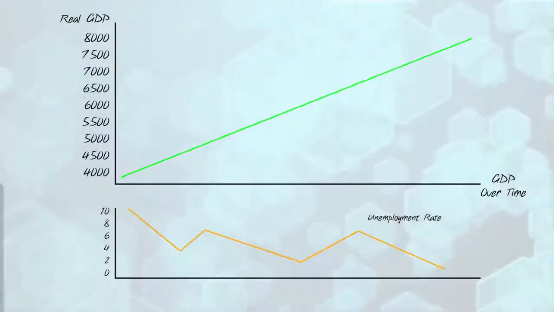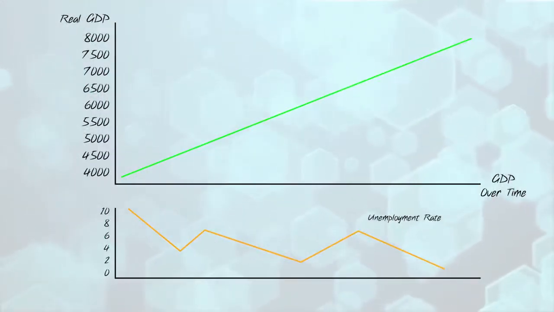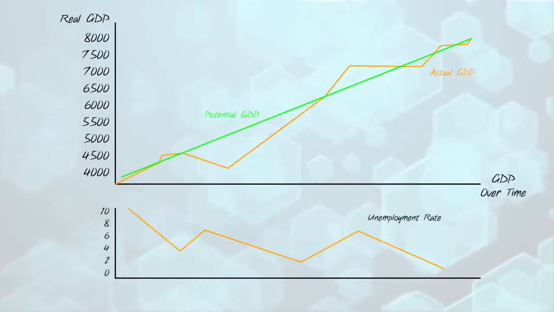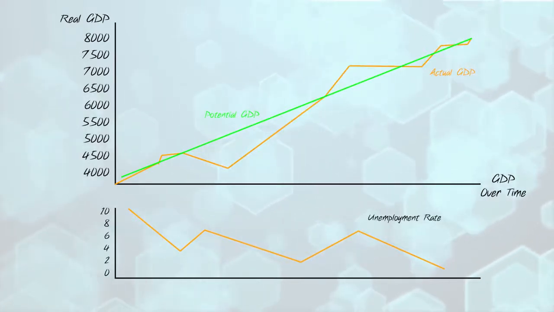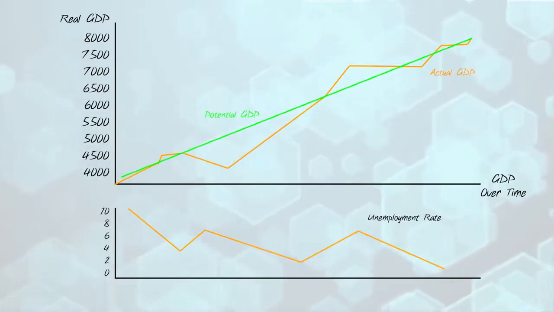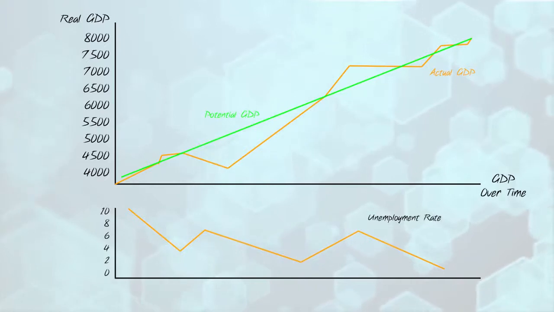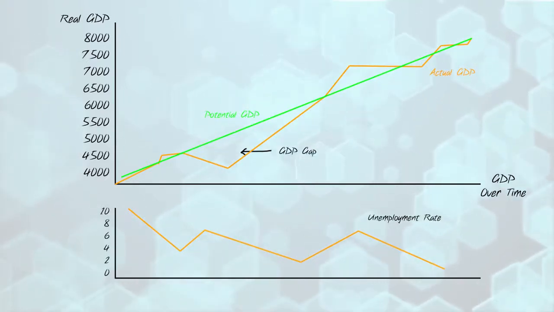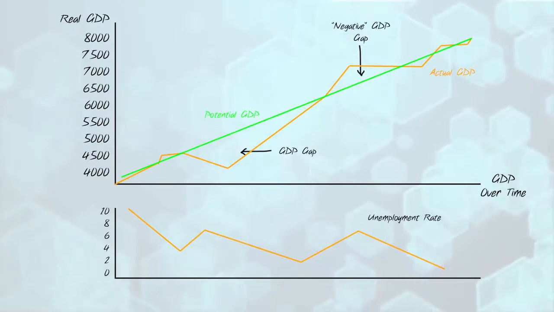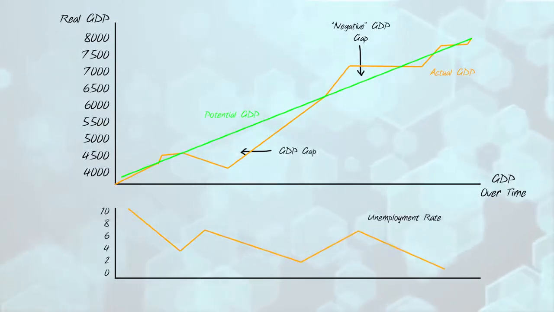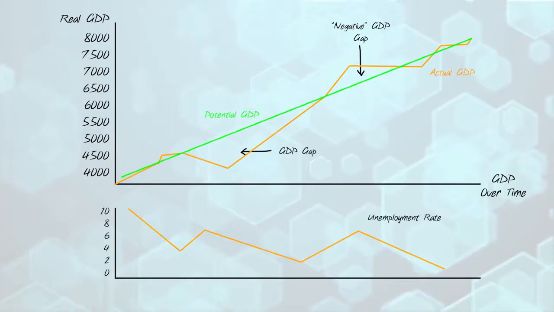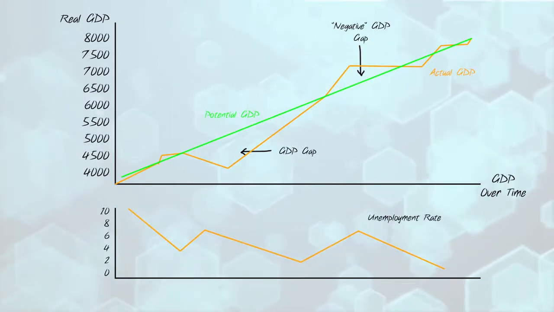This figure illustrates the relationship between actual and potential GDP and the unemployment rate. In the top portion of the figure, the difference between potential GDP and actual GDP is known as the GDP gap. This GDP recessionary gap measures the output the economy sacrifices when it fails to fully use its productive potential.